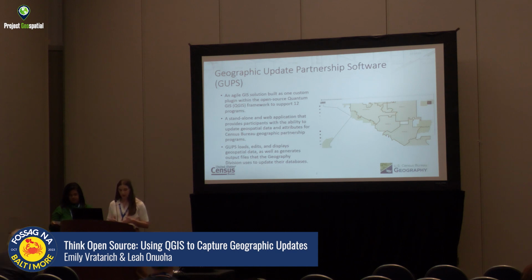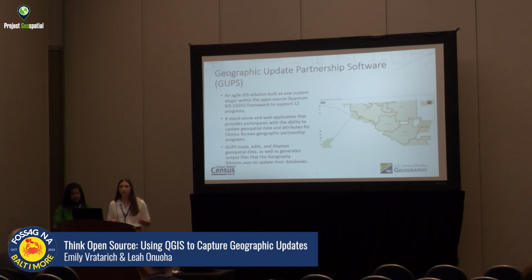So we're using core reusable GIS tools. GUPS is a user-friendly, topologically accurate GIS tool with customized business logic and validations for each census program. For the standalone application, the tool is Python built on QGIS, like I had mentioned.